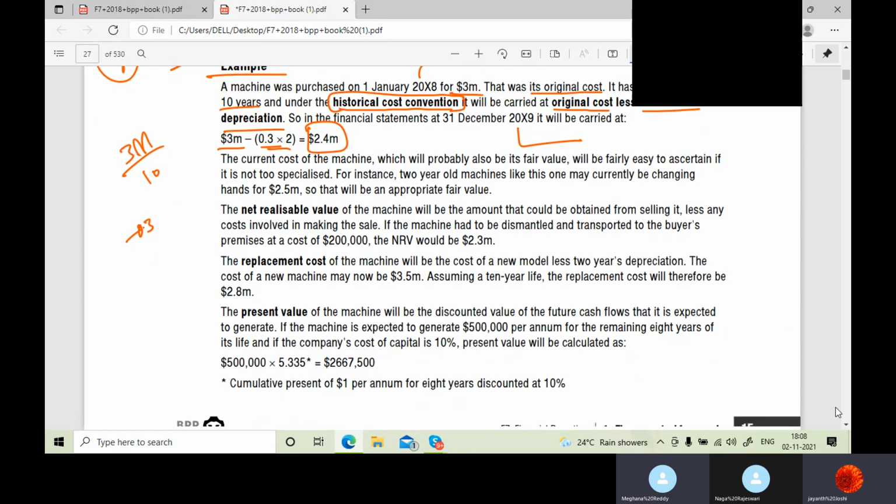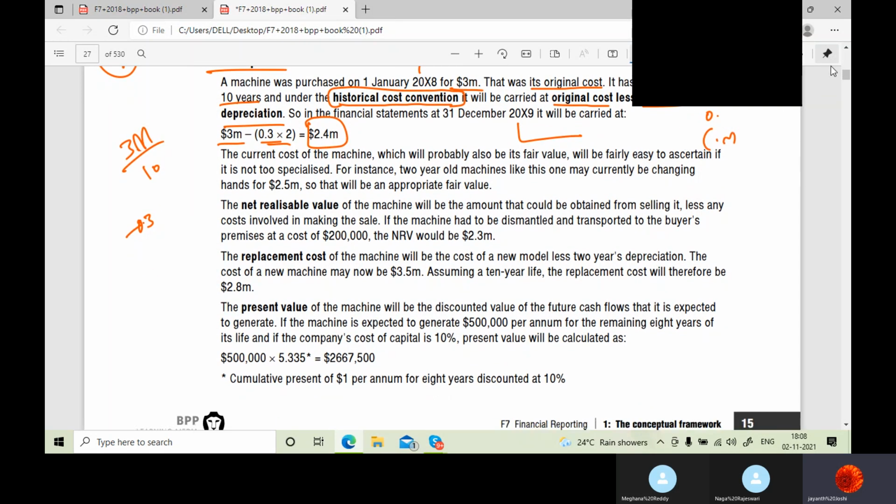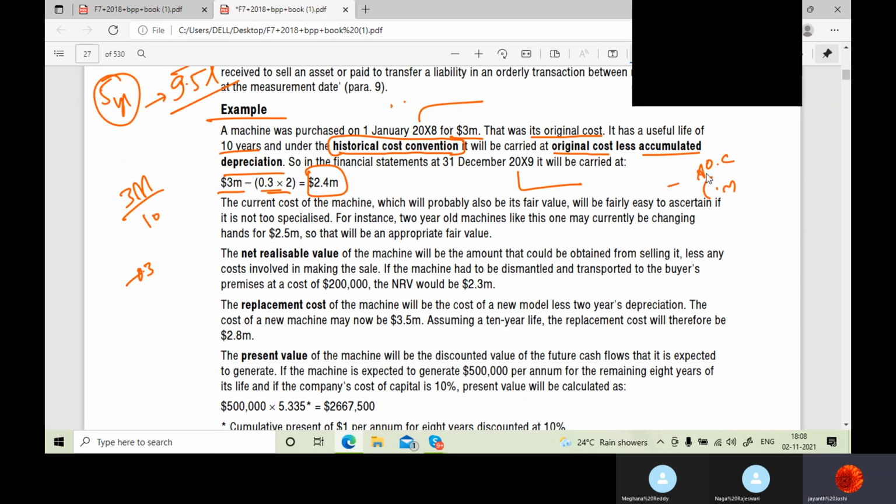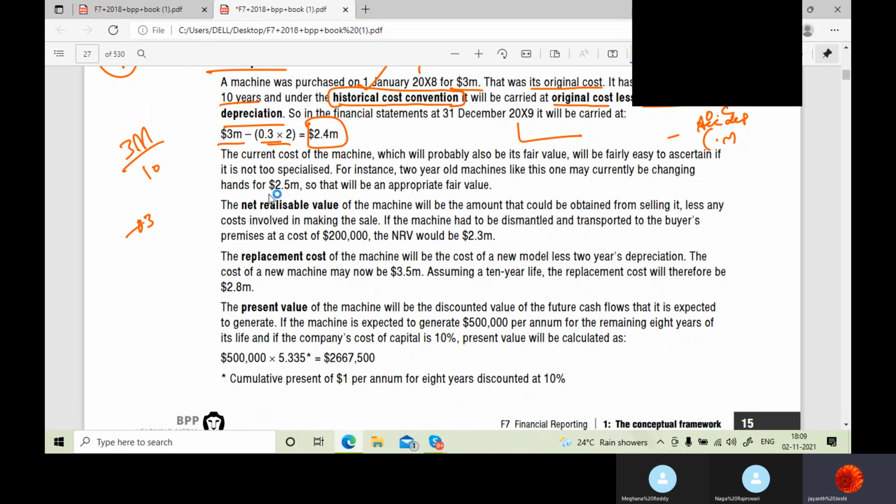So carrying amount will be original cost minus accumulated depreciation when you show at historical cost. Current cost is nothing but what the asset would cost today if you buy that asset. That is what you are ready to show the asset at. That is almost the fair value.